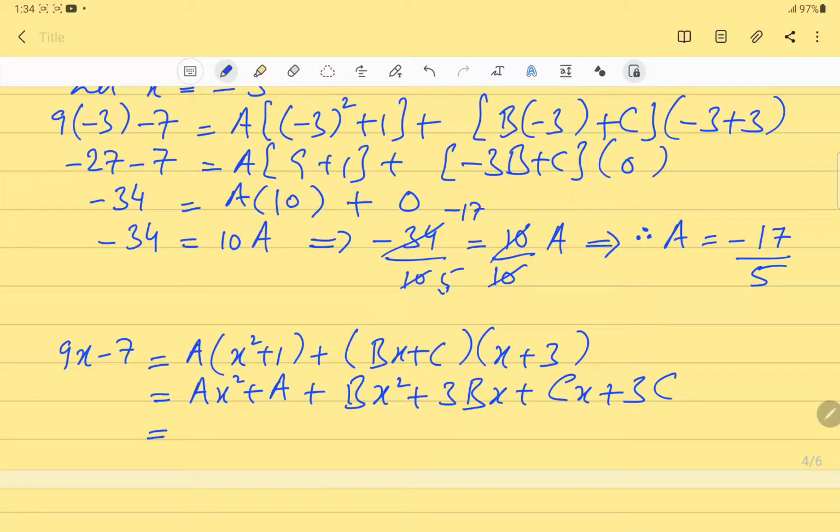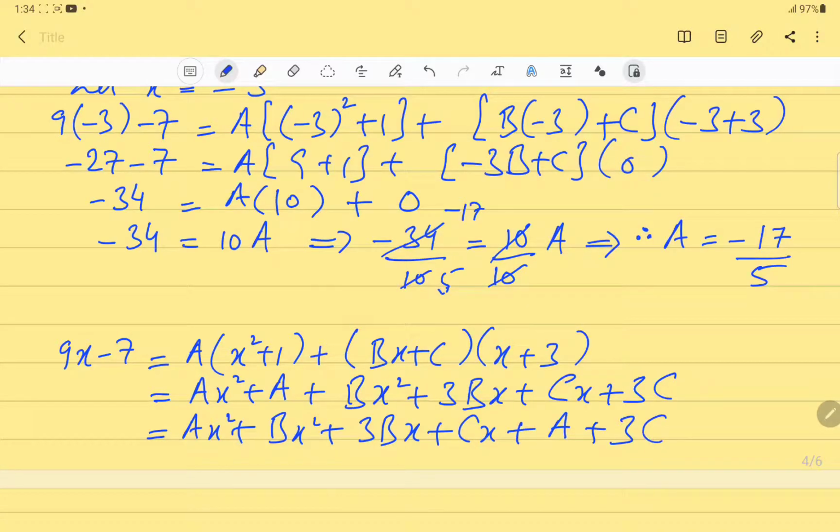Now we will gather the terms with the same degree of x. We will write ax² + bx² + 3bx + cx + a + 3c.